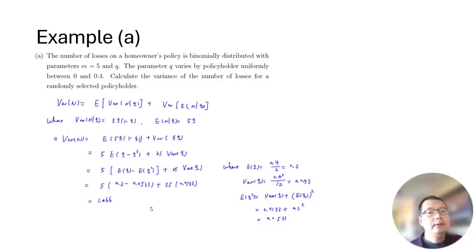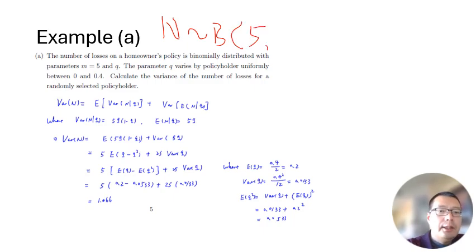First, we can tell that the loss, if we denote it as N, follows the binomial distribution with parameters 5 and q. So N depends on q, and q follows a uniform distribution from 0 to 0.4.